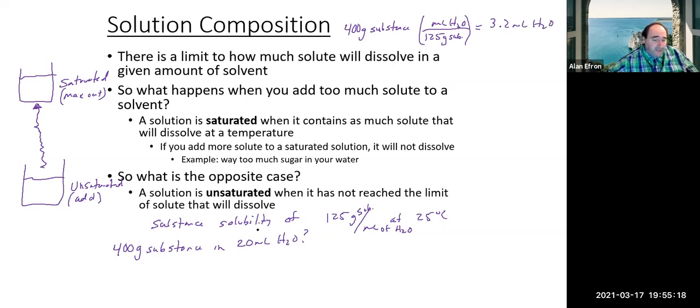And the question asked, could you dissolve that in 20 milliliters of water? The answer would be yes, I could. I would have no problem doing that in that particular case.